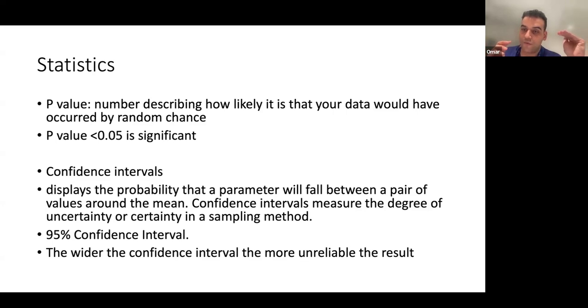P-value less than 0.05, statistically significant. Confidence interval that does not cross 1, also statistically significant. They should correlate. You will not have a p-value of less than 0.05 and a confidence interval that crosses 1.